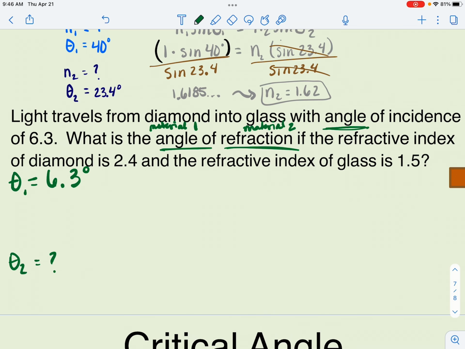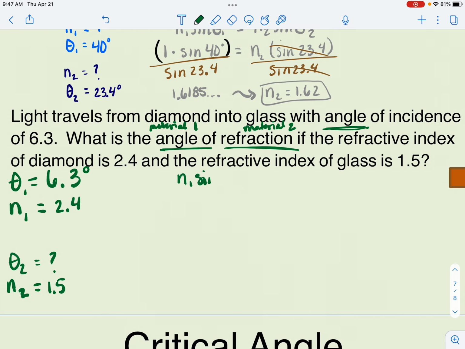So when it tells me the refractive index of the diamond, they're just telling me the N value. And diamond is object 1. So that's going to be N1 of 2.4. The refractive index of the glass, we've identified that as material 2, so N2 is going to be 1.5.